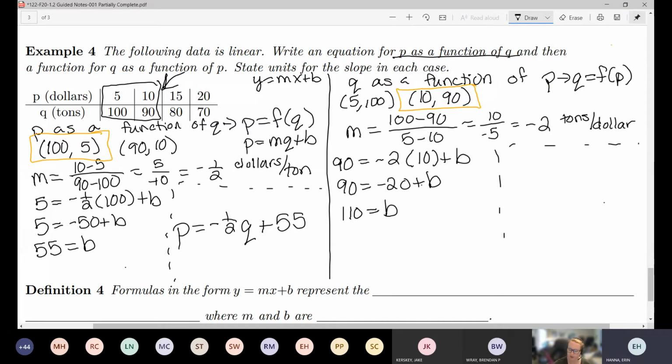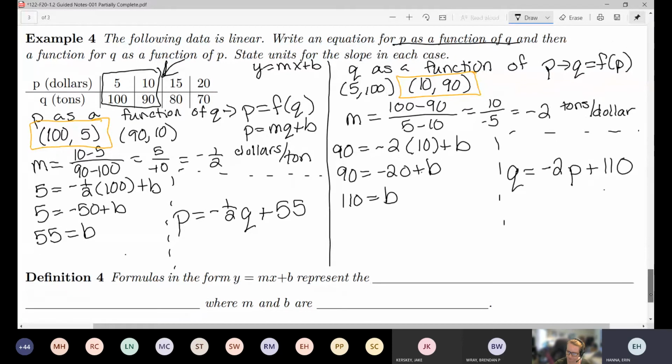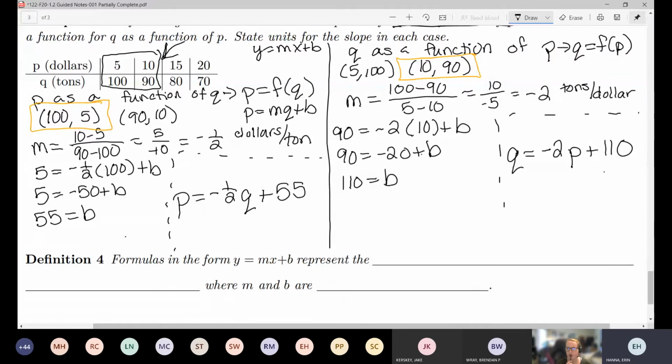So now we have q equals m, so negative 2, p plus 110. And now we're done with that question. Any questions on that example? Alrighty.